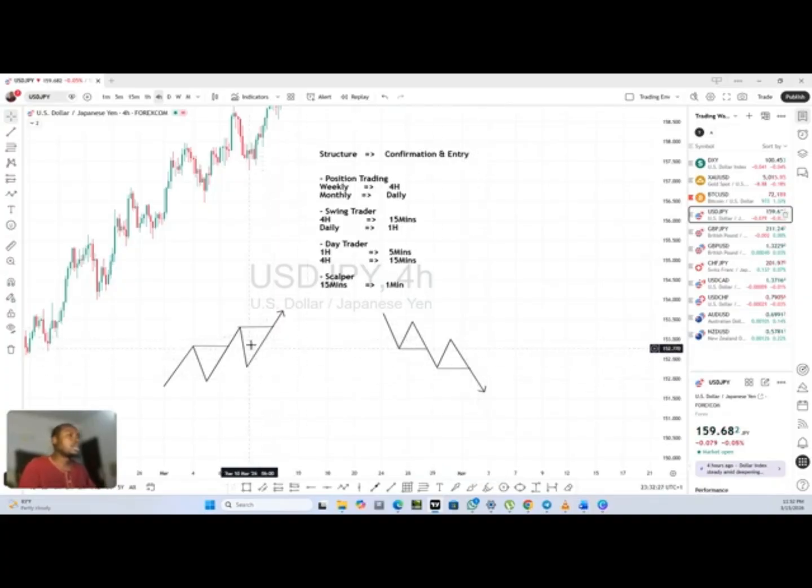So let's assume this is our structure. For you to trade as position traders, they are the types of traders that hold trades for months, some of them even years. Those are the position traders. And swing traders, what type of traders are those? They are the type of traders that hold trades for weeks, sometimes even months.